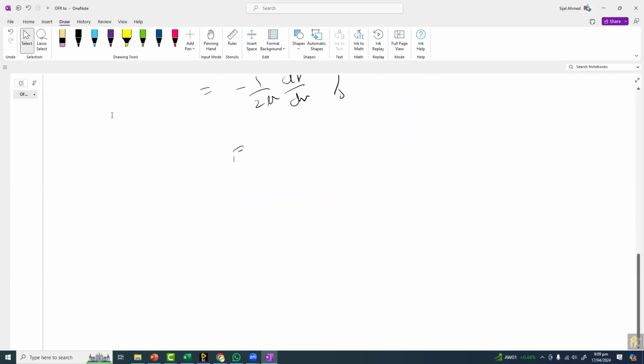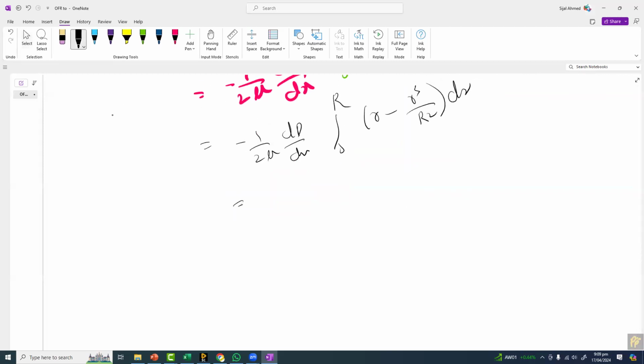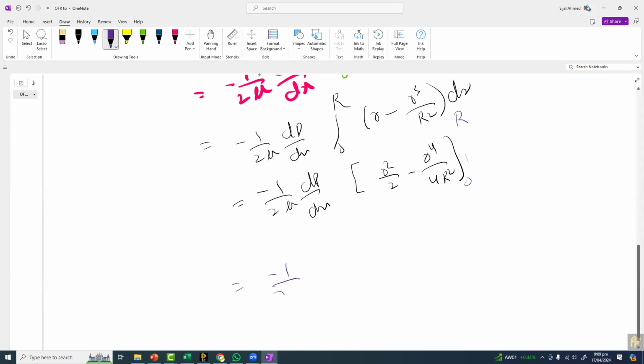It's a very simple equation. So this becomes minus 1 upon 2 mu dp by dx, from 0 to R. If you integrate this one, this will be r square upon 2 minus r power 4 upon 4 R square, and the limits are from 0 to R. So minus 1 upon 2 mu dp by dx.